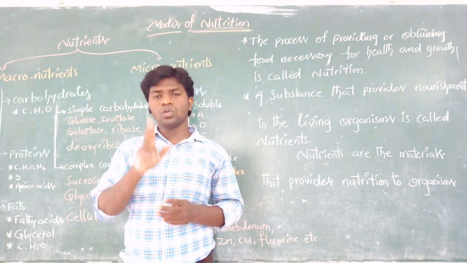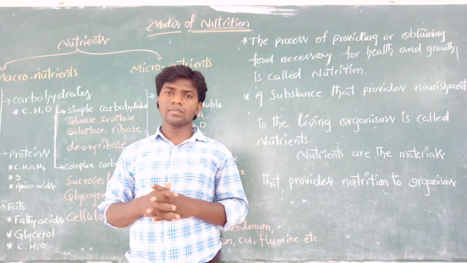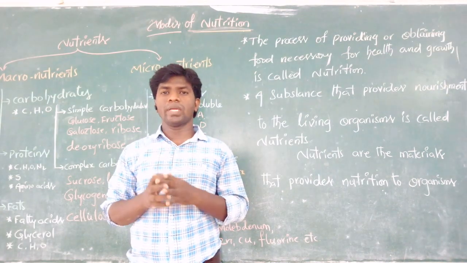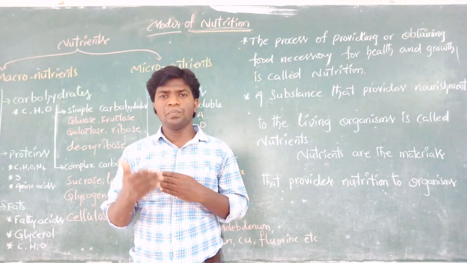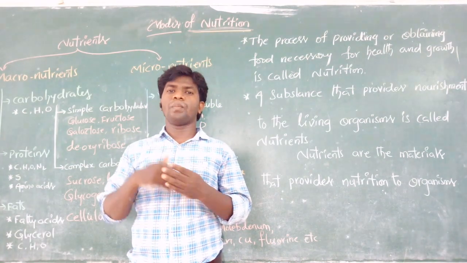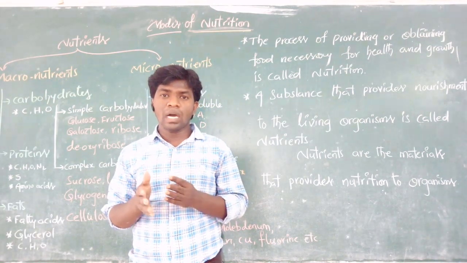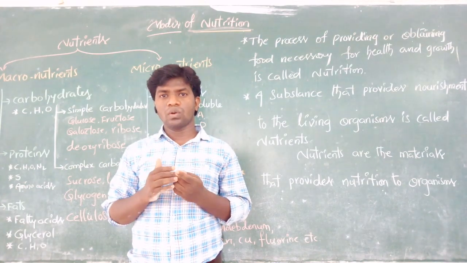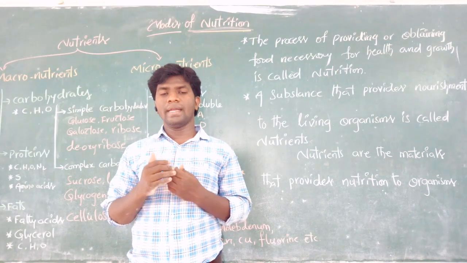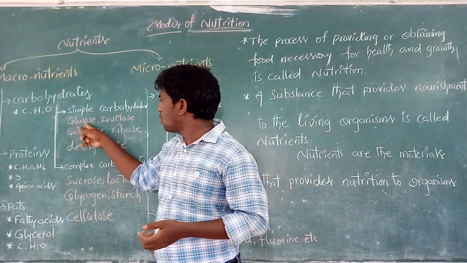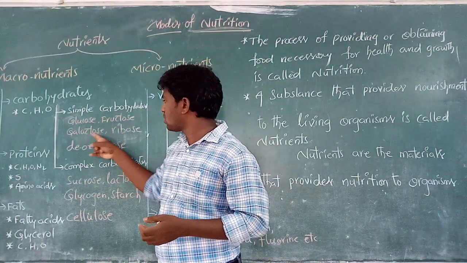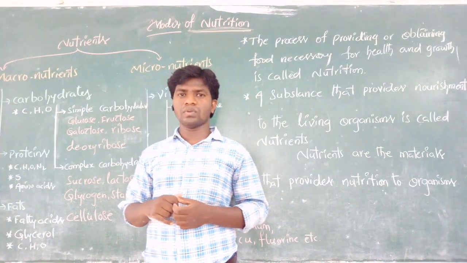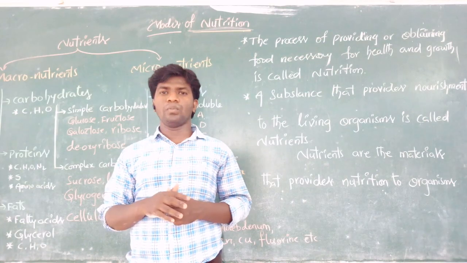There are two types of carbohydrates: simple carbohydrates and complex carbohydrates. What are the simple carbohydrates? The simple carbohydrates are glucose, fructose, galactose, ribose, and deoxyribose. These are examples of simple carbohydrates.